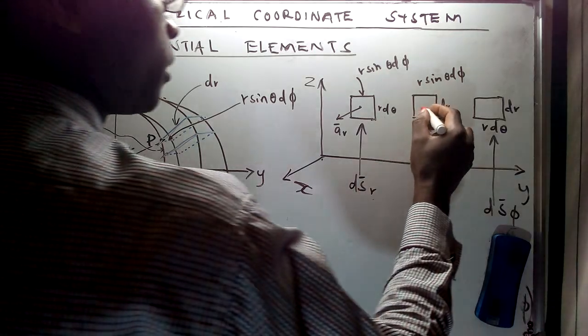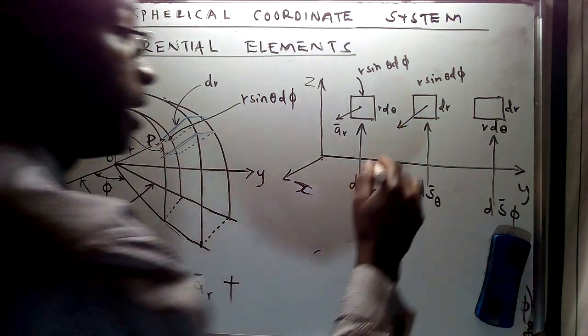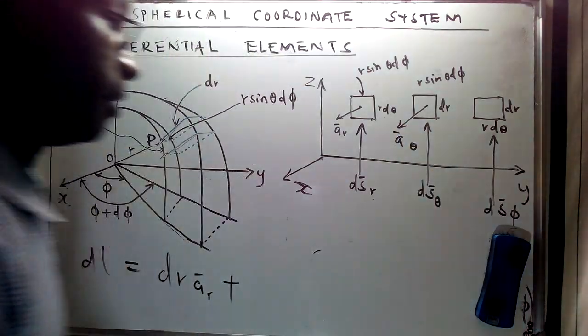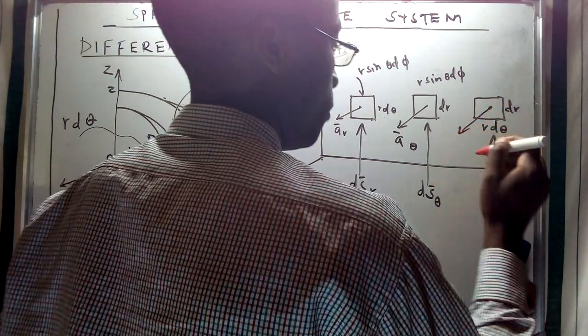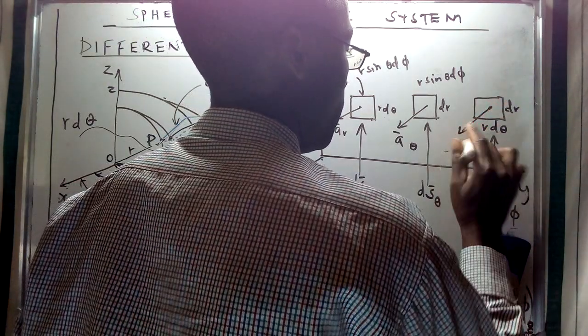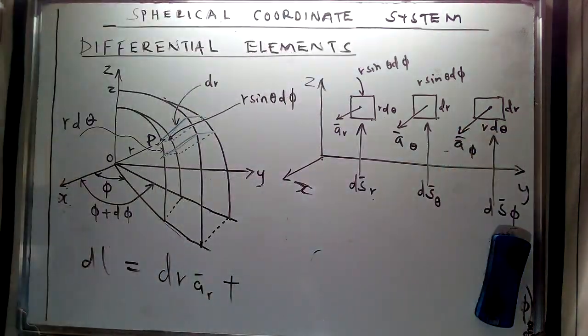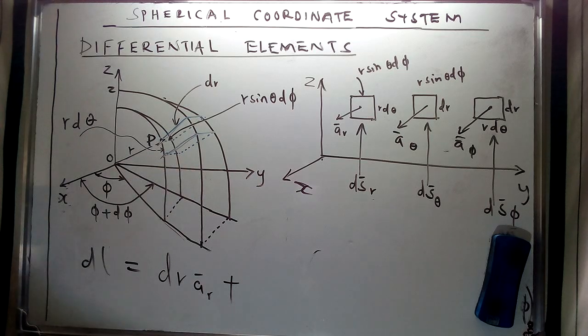So for the second one, we're going to have this one as a normal along a base vector a theta, and then the last one is going to be a vector which is normal, which is a phi given as such. As I said again, these are just curvatures on a sphere surface, so therefore they're not going to be oriented as a flat surface as given.